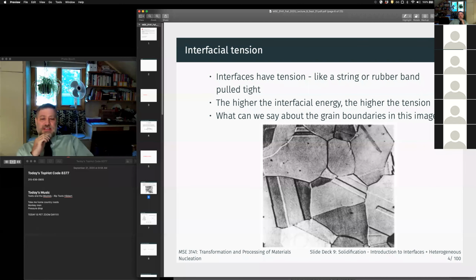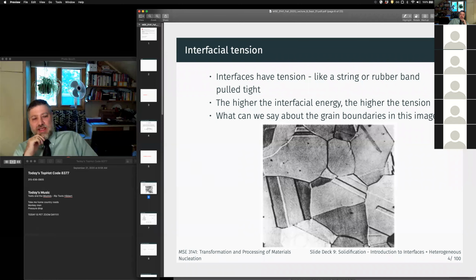So if we look at this image, this is an austenitic stainless steel, right? And I see a lot of different types of grain boundaries, right? So right here, we see two sort of standard grain boundaries, right?